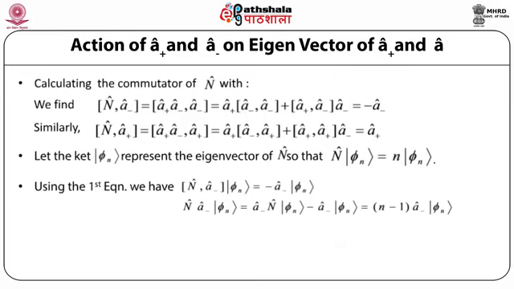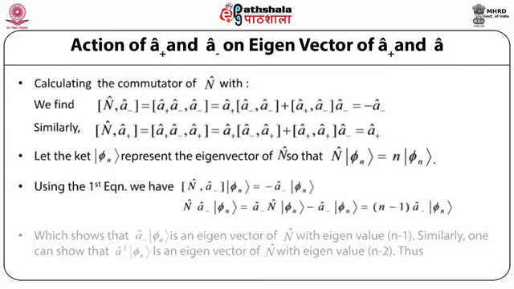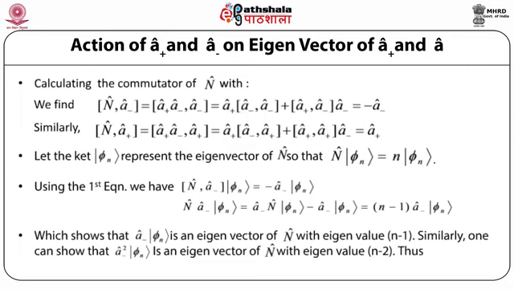And this in turn comes out to be equal to (n minus 1) times the lowering operator a minus acting on the eigenvector phi n. This relation shows that the operation of the lowering operator a minus on the eigenvector phi n gives an eigenvector of the number operator with the eigenvalue n minus 1.